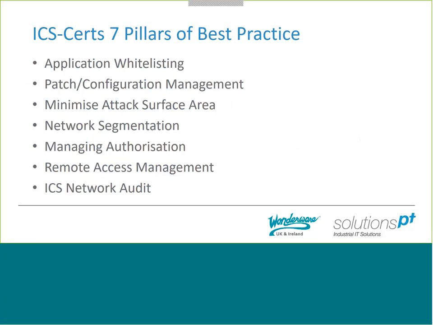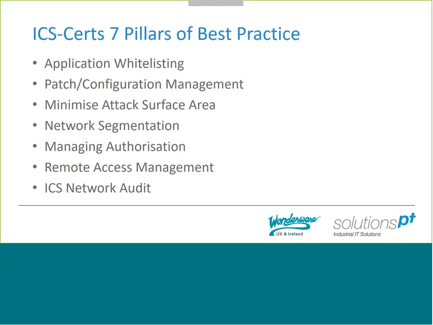So even though there is a lot of information, what we found really helps is the 7 pillars of best practice from ICS. So you can see the 7 pillars there. So what I'll do during the webinar is talk through each of those pillars in turn.